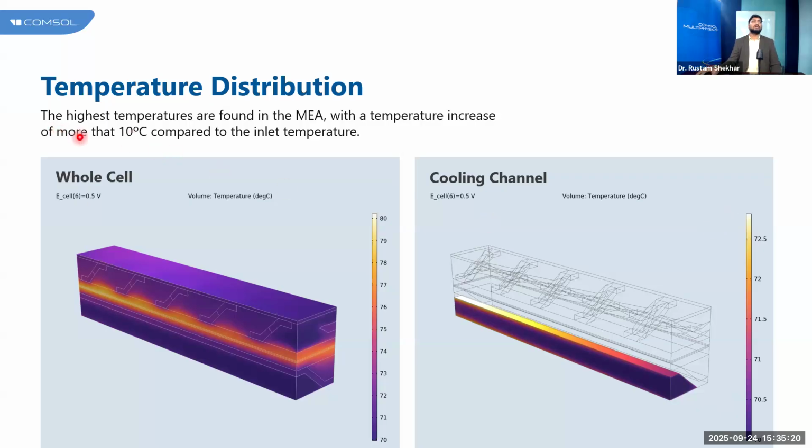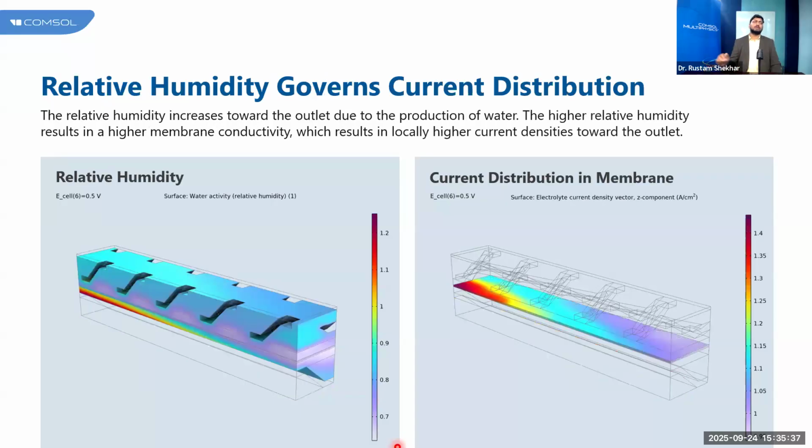Here we can see more than a 10 degree difference in the comparison of inlet temperature. So the highest temperatures are found in the MEA, and the temperature increases by more than 10 degrees Celsius in this entire range, which we can observe. It corresponds to the other features also.